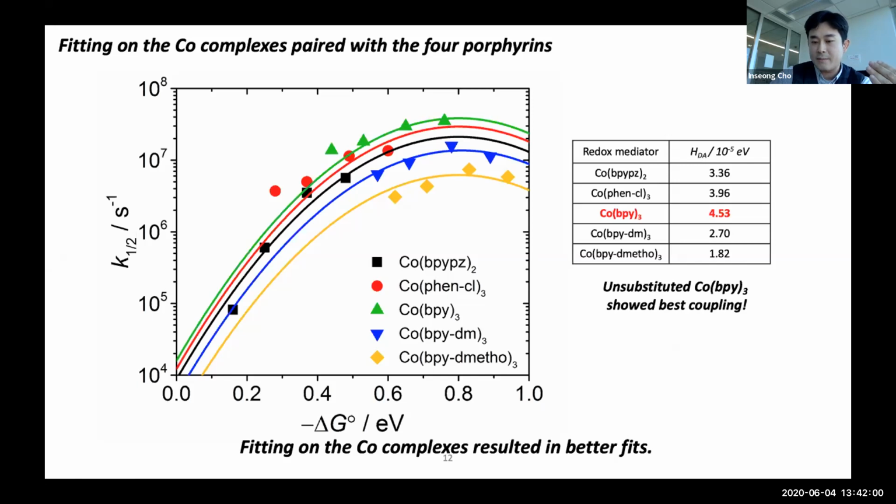And that is, as compared to the simple dimethyl structured cobalt complexes, more than two times a higher value. And considering that the Marcus equation describes that the electron transfer rate is proportional to the square of the electronic coupling, this 2.5 times difference is going to be larger, for example, up to 6 times when it comes to the electron transfer rate.